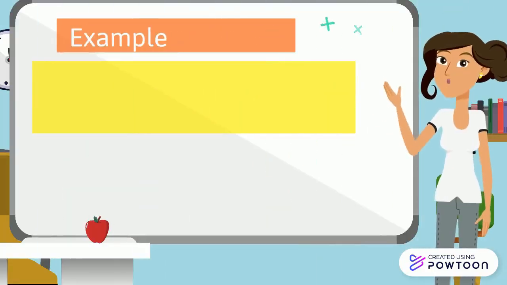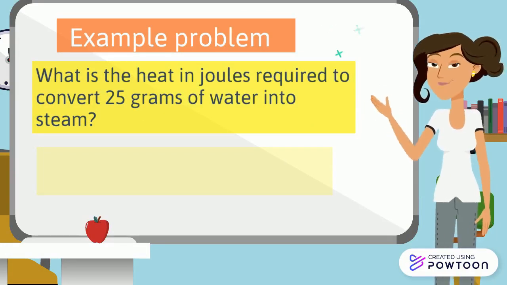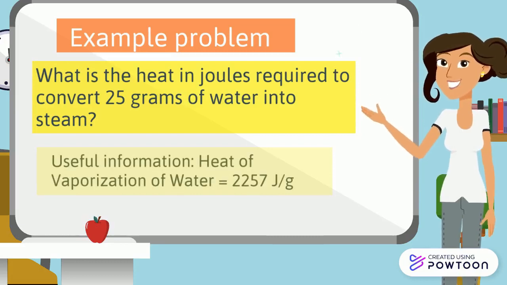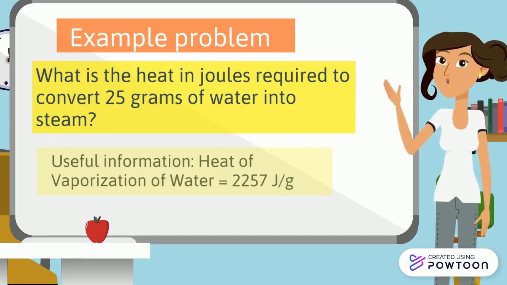Example problem. What is the heat in joules required to convert 25 grams of water into steam? Useful information: the heat of vaporization of water is 2,257 joules per gram.